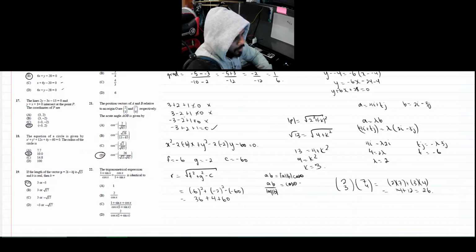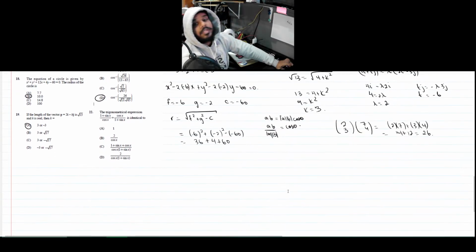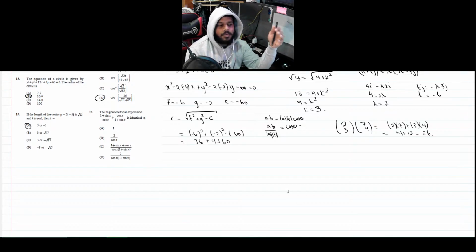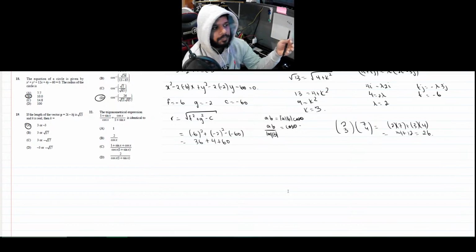The trigonometrical expression that is identical to this. To do this one, they give us different answers to choose from this time. Now one way you can do this, if you don't like trig, pick an angle for x, work out what the expression is for that angle, and see which one of the answers it is equal to by substituting that angle. For example, take x equals 30 degrees.